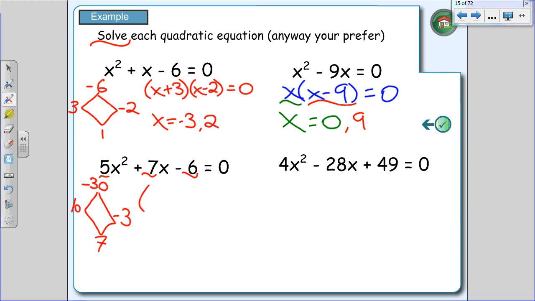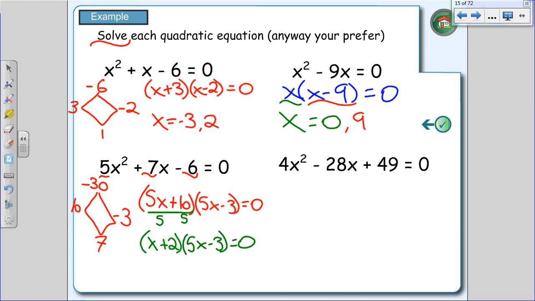When we factor, if there's an a value, that a value has to show up in my binomials. So I put it into both. And then I have to divide one of them by 5. Making my factored form x plus 2, 5x minus 3 equals 0.